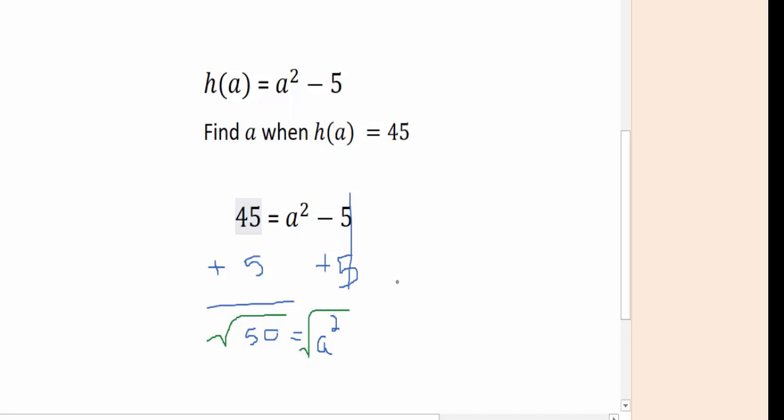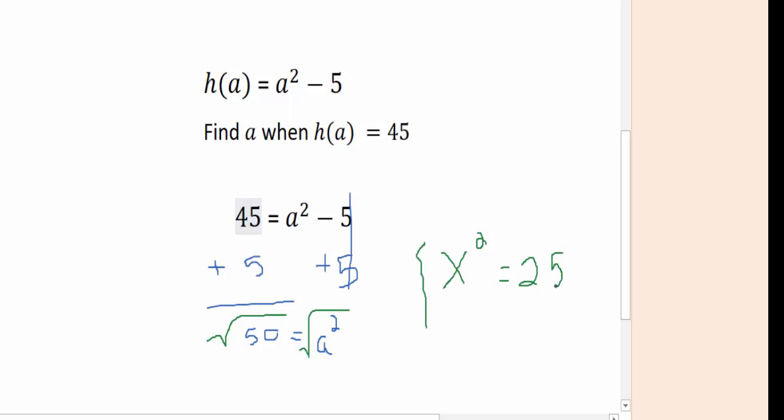And a little sidebar over here. When I do square root as an opposite operation, I must recognize that my answer can be positive or negative. So I'm going to do a little sidebar to illustrate that. If I have x squared equals 25, this is one we know, so that's why I'm doing this one.